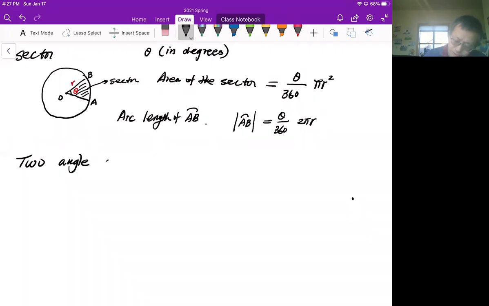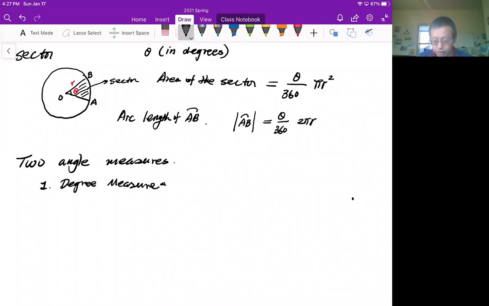We know this already from geometry, right? That's for sure. But today I'm going to give you another measure. This is called the radian measure.